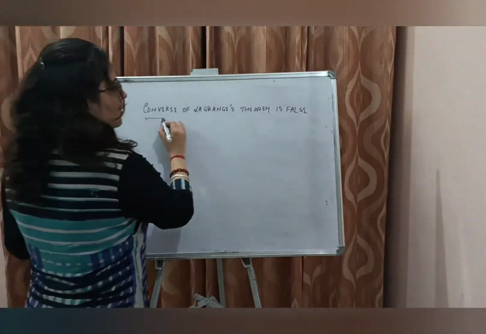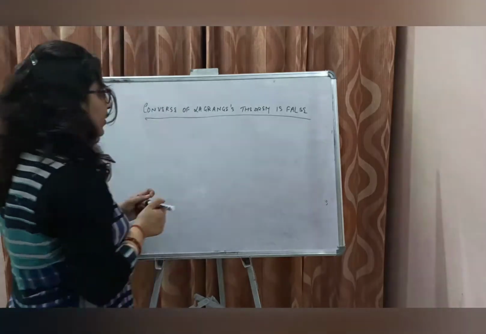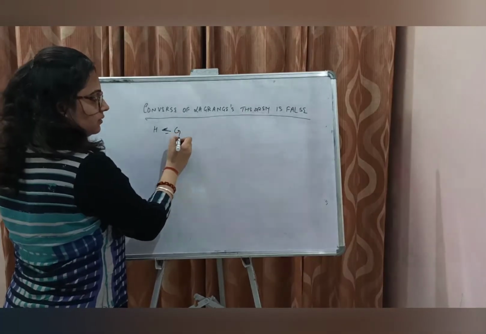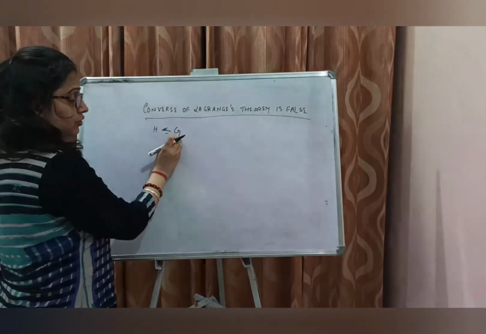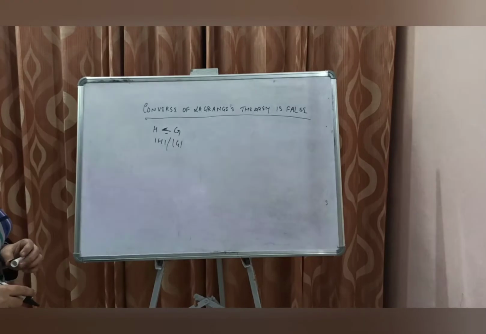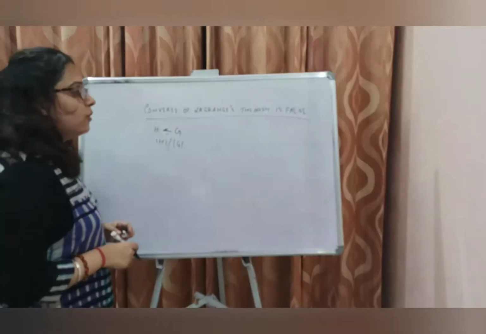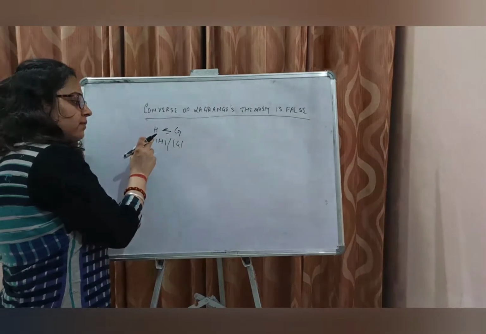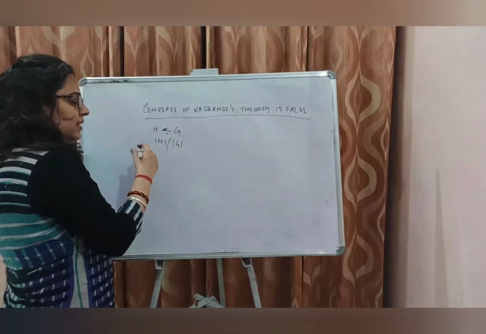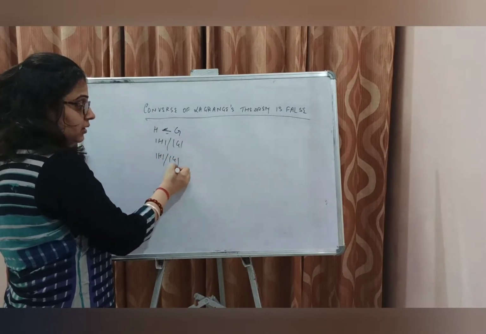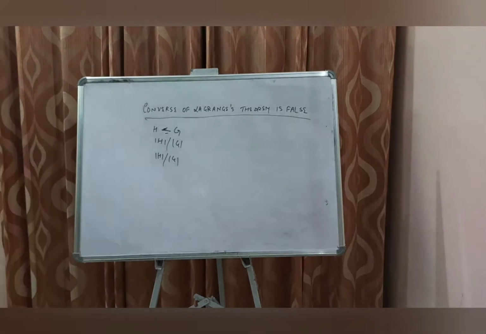So Lagrange's theorem says that if H is a subgroup of any group G, where G should be finite, this implies order of H divides order of G. Okay, so to prove that the converse of Lagrange's theorem is false, we need to find a group and a subgroup such that order of H divides order of G, but H is not a subgroup of G.